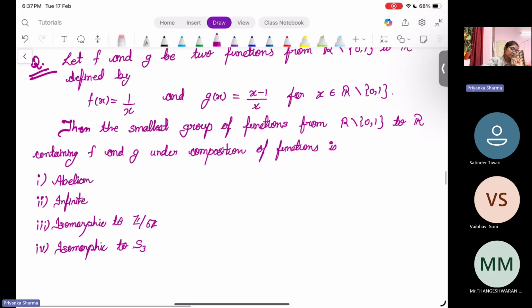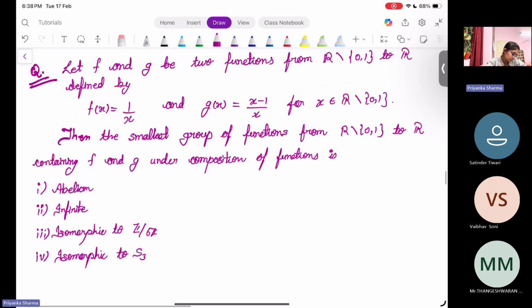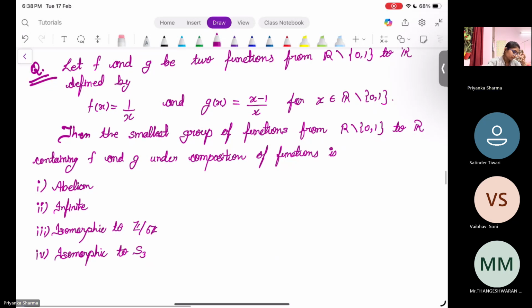So the smallest group of functions from R minus {0, 1} to R containing f and g under the composition of functions can be abelian, finite, isomorphic to Z over 6, order 8, or S3. So there can be one or more than one correct answer to this question.